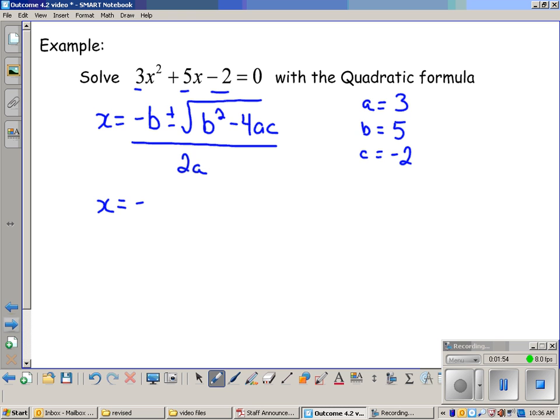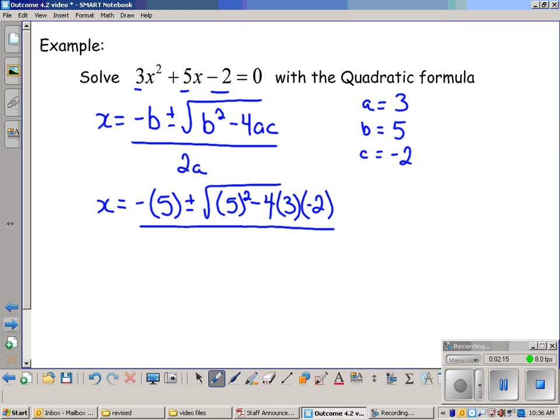We're then going to substitute those values into our quadratic formula. So I have negative b, our b is 5, plus or minus the square root of b squared, again b is 5, so 5 squared, minus 4 times a, which is 3, times c, which is negative 2. All of that is over 2 times a, so 2 times 3.